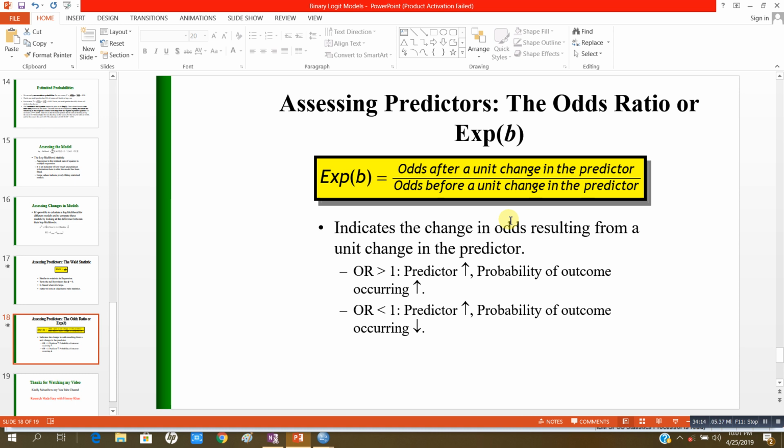So the best strategy is to keep in mind that if the odds ratio is greater than 1, then as the value of the predictor increases, the probability of the outcome occurring is also going to increase. It means there is a positive relationship between the predictor and the probability of the outcome occurring.